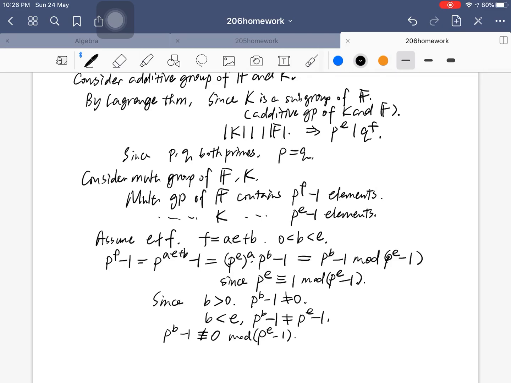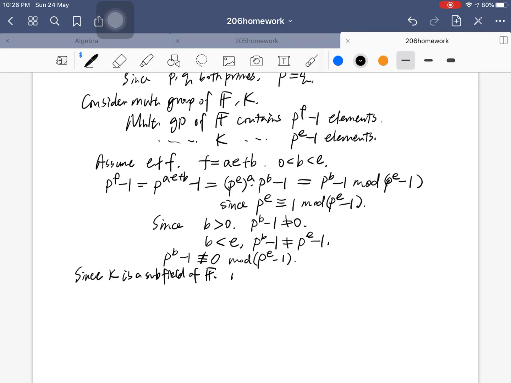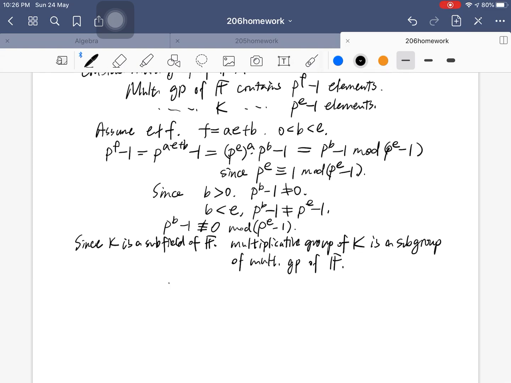K is a subfield of F. Notice that since K is a subfield of F, the multiplicative group of K is a subgroup of the multiplicative group of F. So we should have P to the power e minus 1 divides P to the power f minus 1.